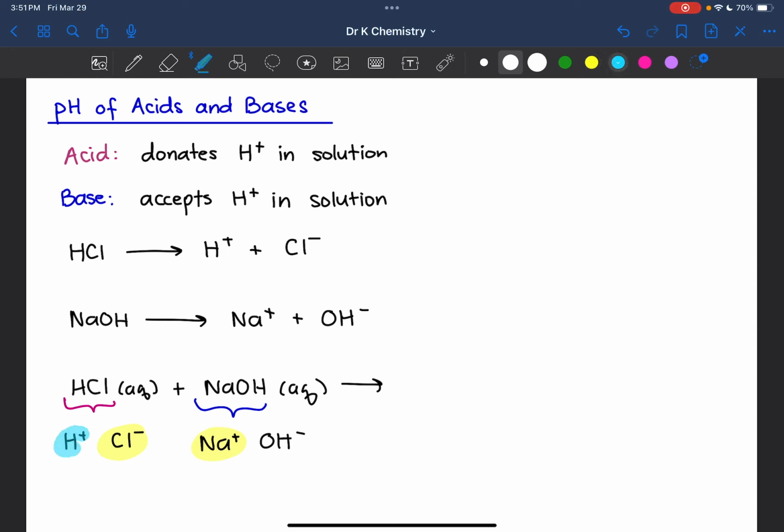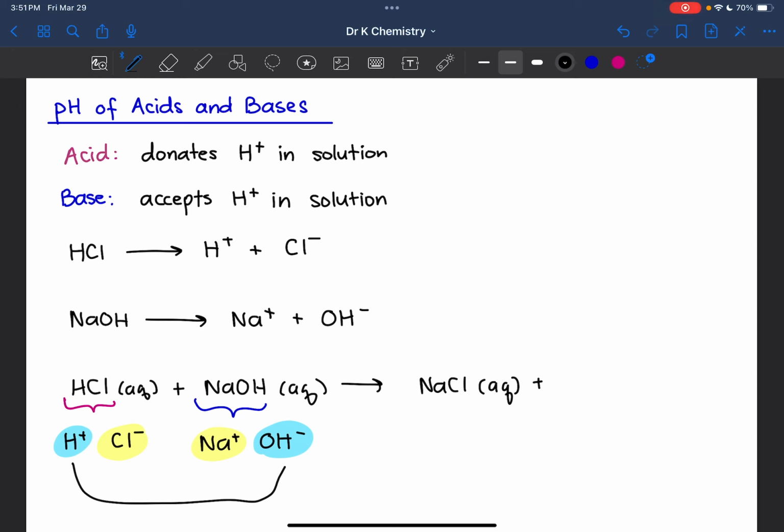And that is going to leave the hydrogen ion with the hydroxide anion. When we do that, we are generating sodium chloride, which of course is dissolved in water, so it will be aqueous. And then when hydrogen and hydroxide combine, you're going to generate water. These charges cancel out, and water will be one of the byproducts.